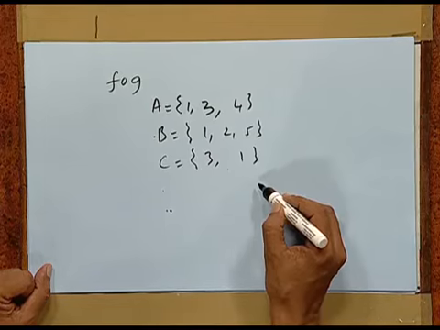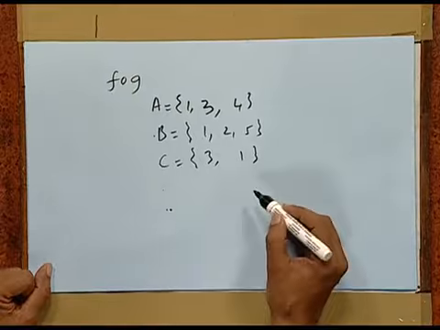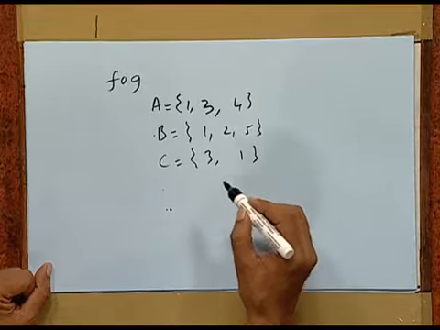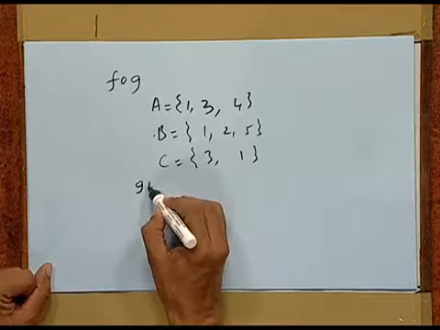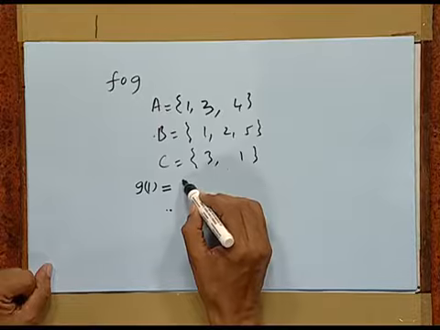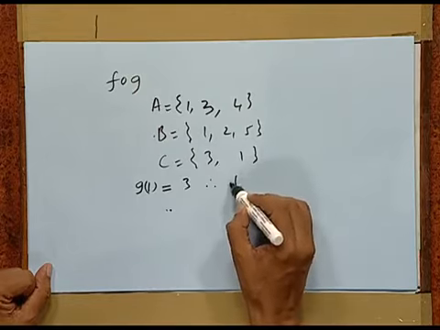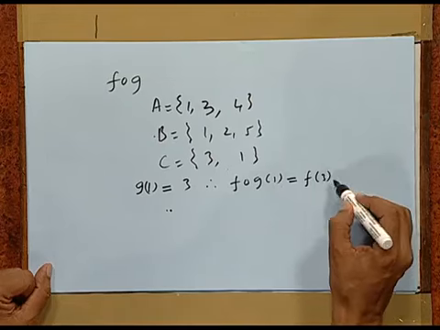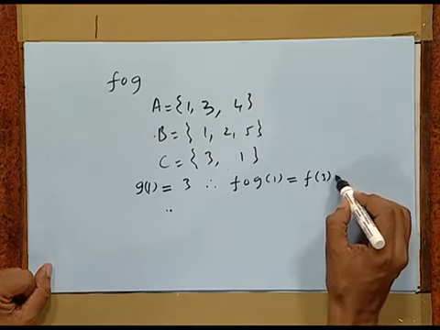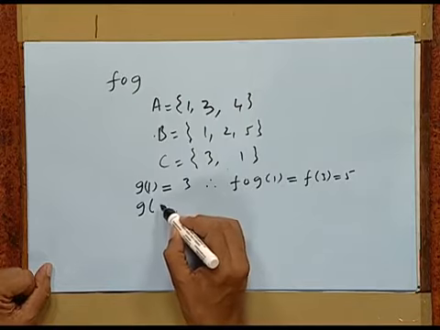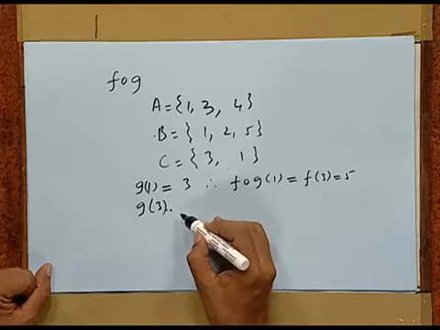Now to find FOG, first we find the image under G. So we take elements from B to C. So we have G of 1 is equal to 3, hence f of G of 1 is equal to f of 3, and f of 3 is 5. Again we take the element 2.